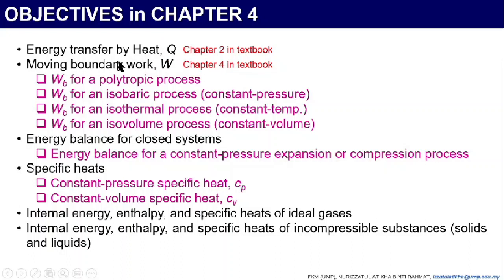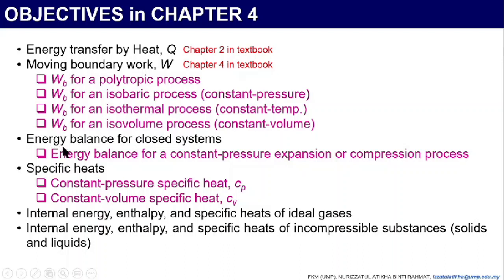So for moving boundary work, we will learn on the calculation for polytropic process, isobaric process, isothermal process, and isovolume process. Okay, in this subtopic, we will see the difference or what are the definitions of these processes.